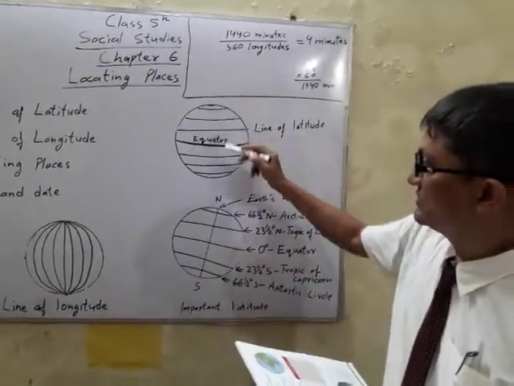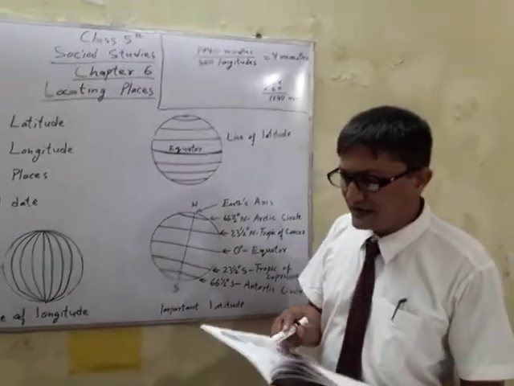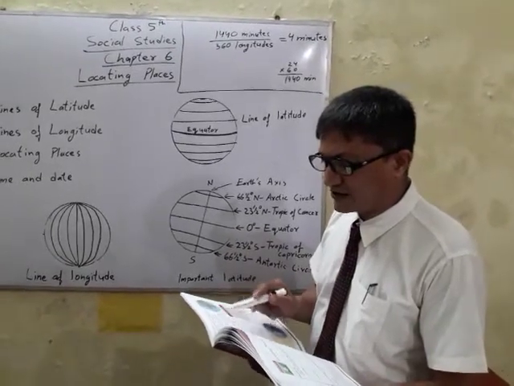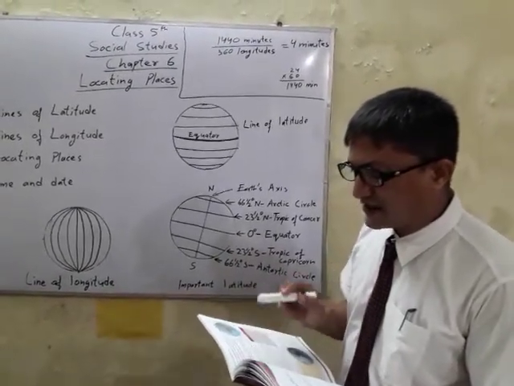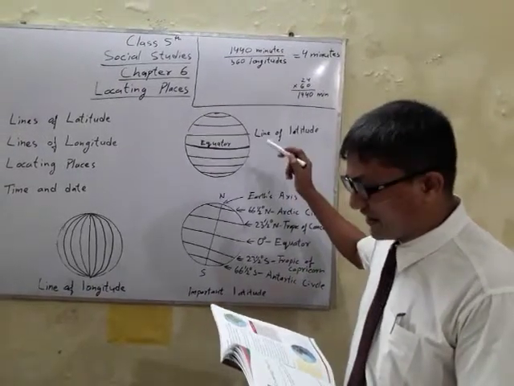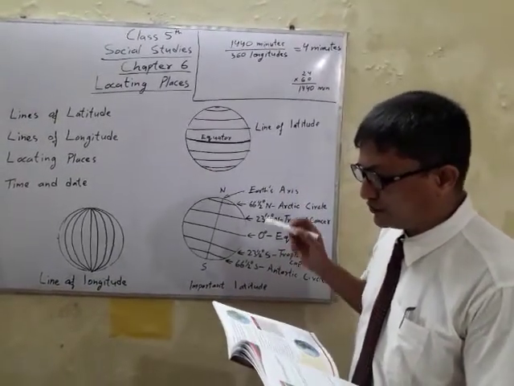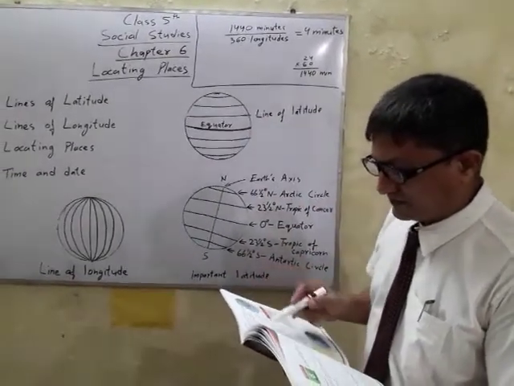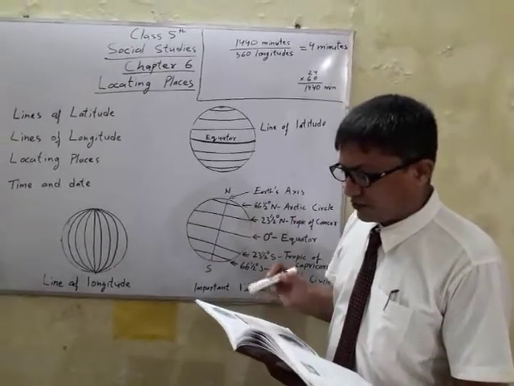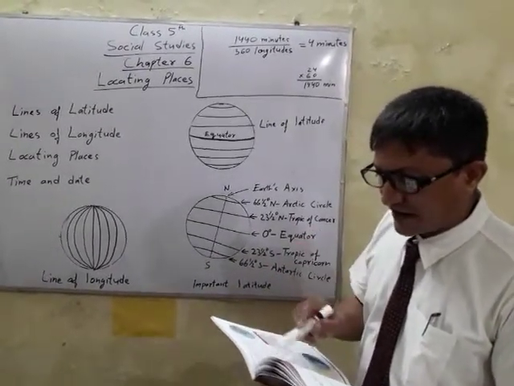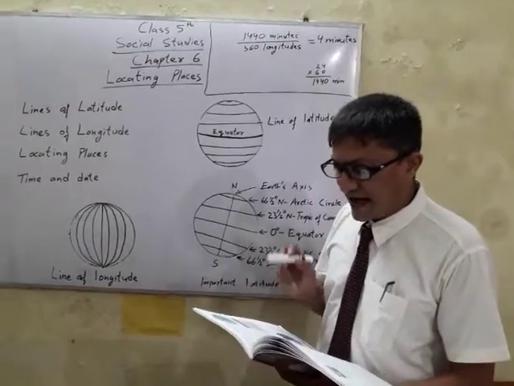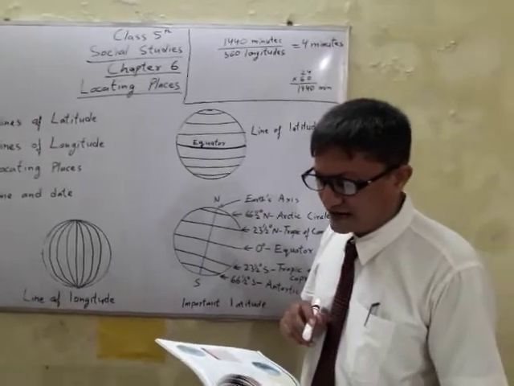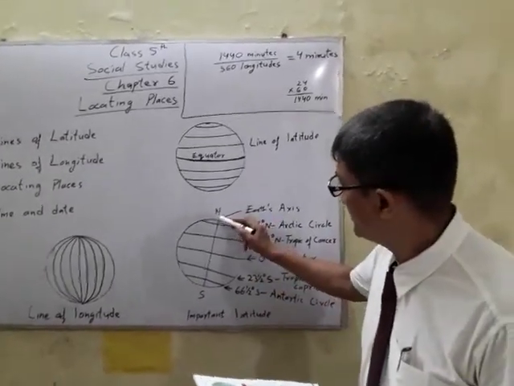The equator is 0-degree latitude which divides the earth into the northern and southern hemispheres. The longest parallel is the equator and the smallest are 90-degree latitudes at the north and south poles. They are just dots.